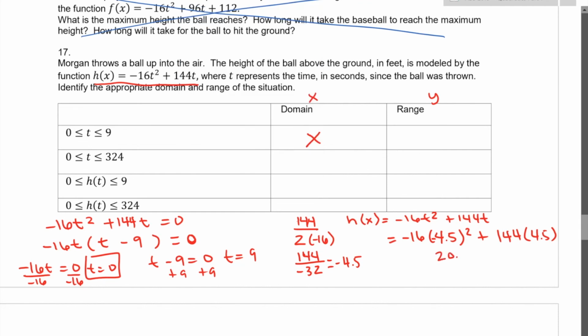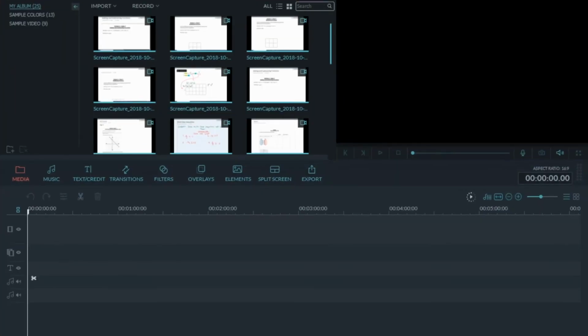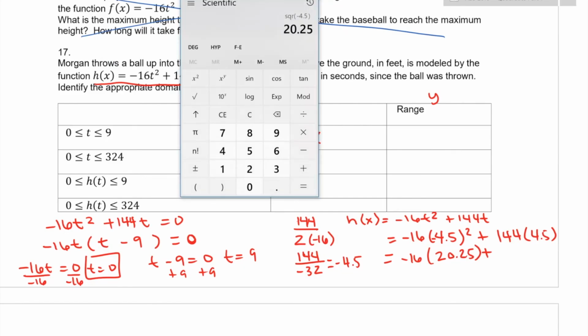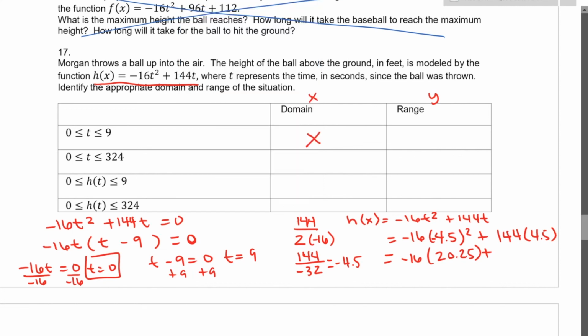So 20.25. And then I'm going to put that back in parentheses because I need to multiply that by negative 16. And then I take 144 and I multiply that by 4.5. That answer is 648.